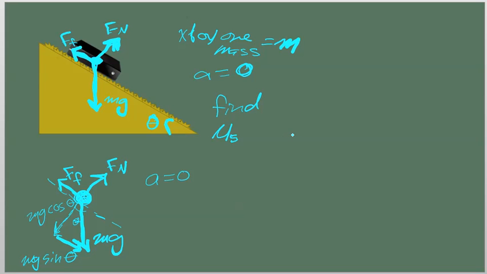All right, so we want to find mu, your coefficient of friction. And remember, the equation for your frictional force is, I'm not going to bother with the s, coefficient of friction times your normal force. Let's go ahead and solve for this. Okay, so just divide by normal force.